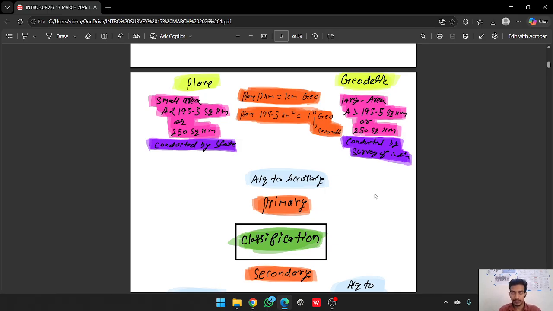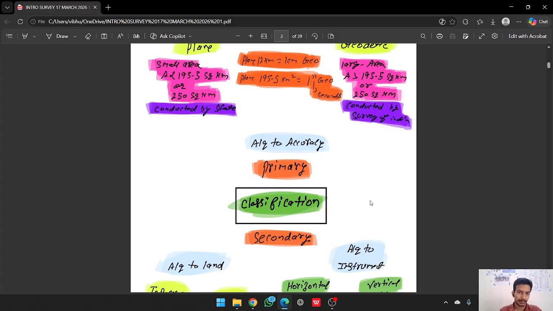Like if area given is 250, we will multiply by 1 by 195.5 into 250. So we will get the geodetic. We will discuss numericals ahead also.